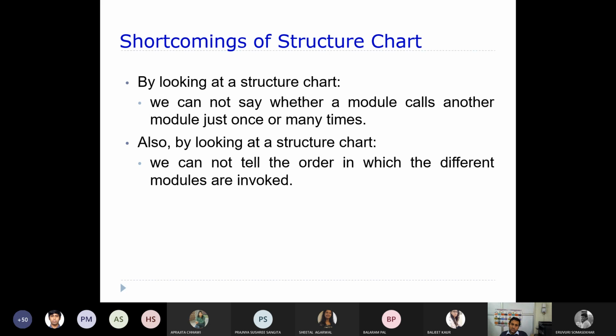In what order these modules are called is also not represented. You cannot tell whether the root module should call the first one or the second one or the third one, because that order cannot be represented through these structure charts.